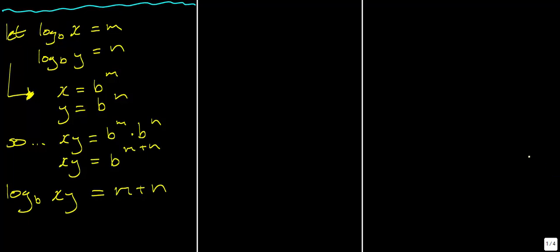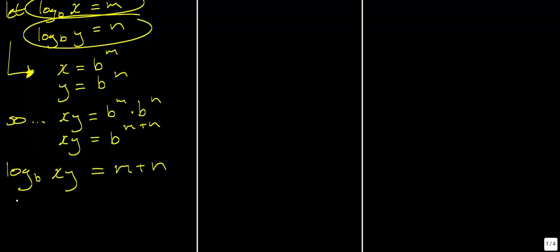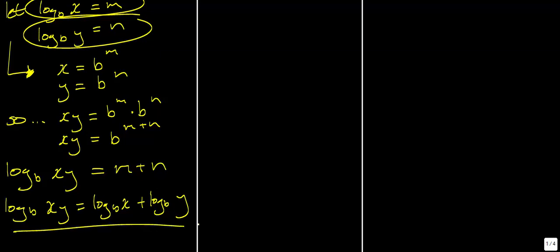And then finally, if we go back to our let statements, we can replace those. So we can say that log base b of xy is equal to, replacing m and n, log base b of x plus log base b of y. All right, and so lo and behold, we have proven the product law.